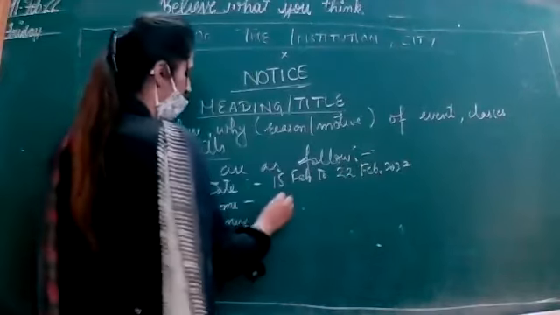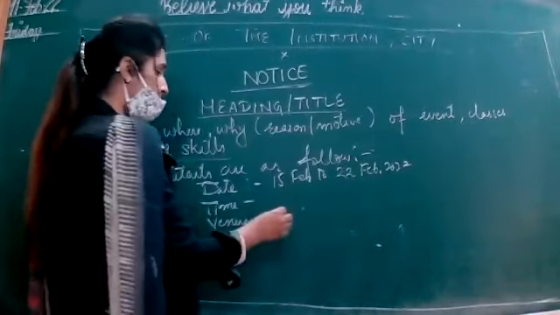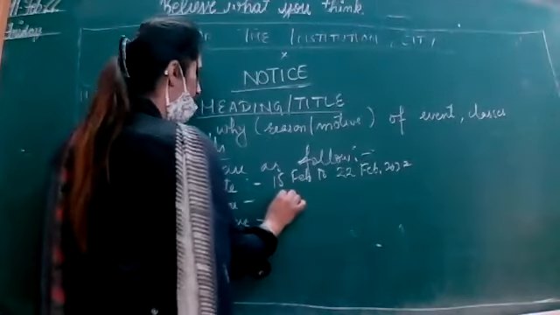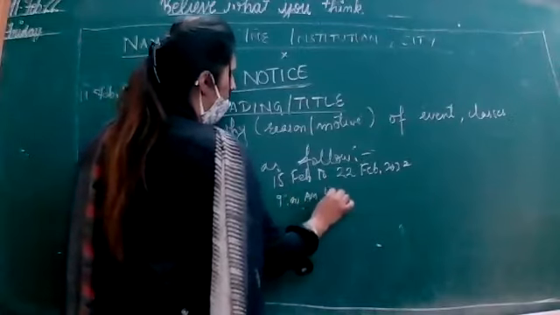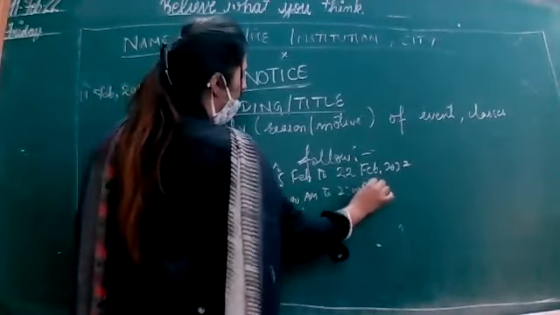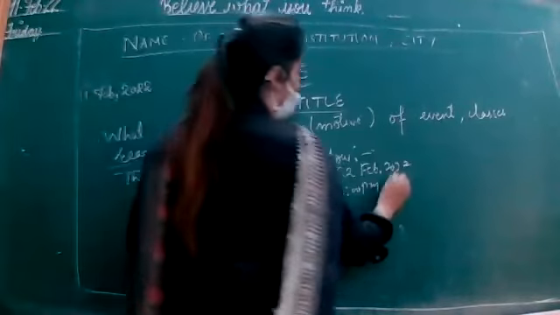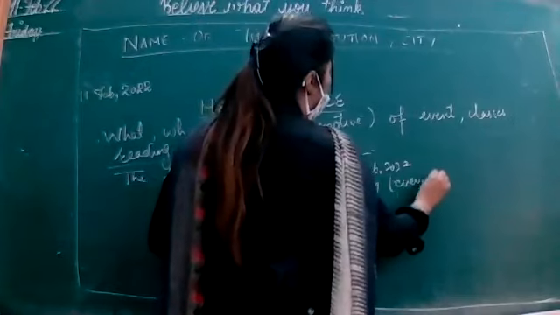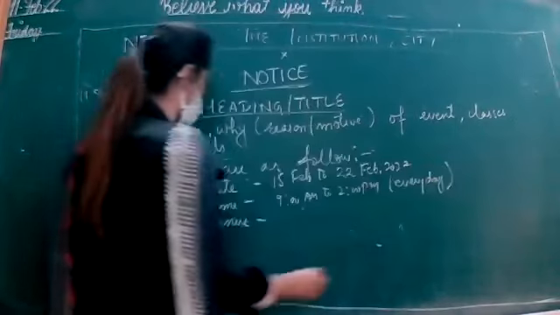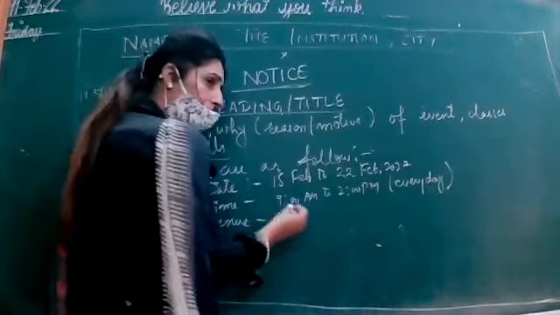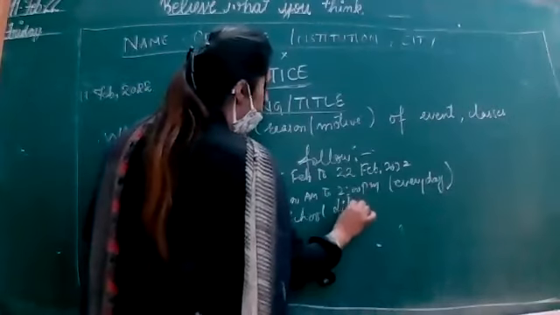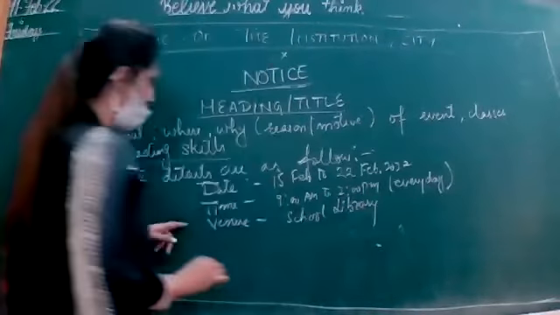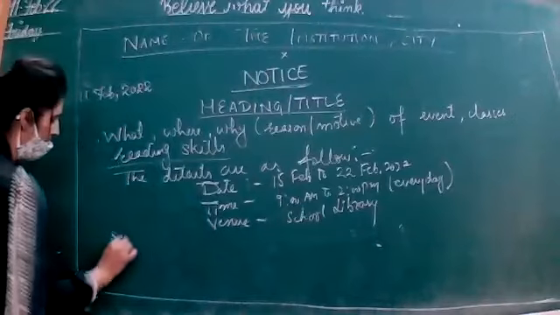Time: 9 AM to 2 PM, every day. Every day means it is going to be held every day. Venue: school library. That is where it is going to be celebrated.